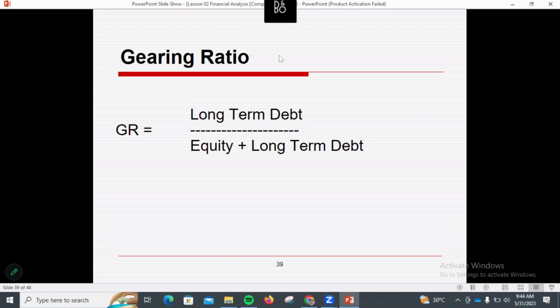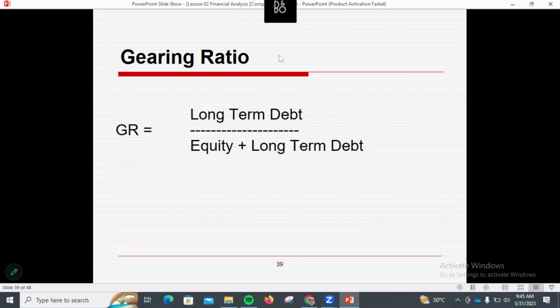If it is more than 0.5 capital gearing, you can interpret it as a higher gearing. If the result is less than 0.5, you can interpret it as a lower gearing. So 0.5 is a borderline.